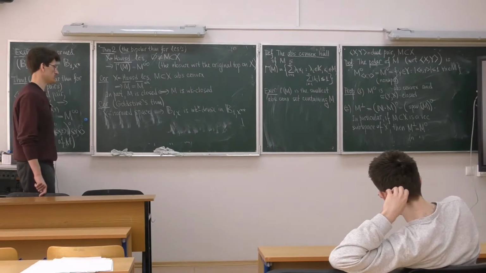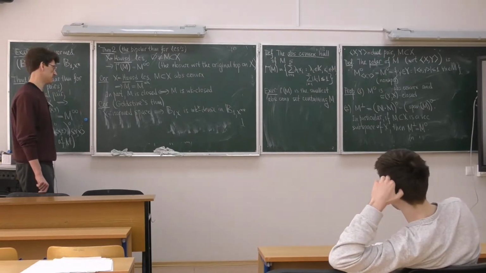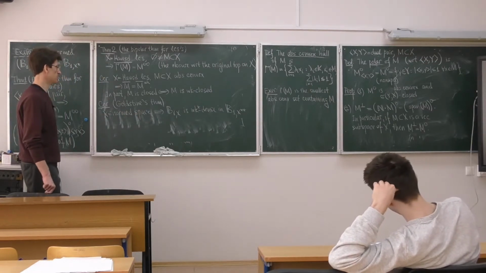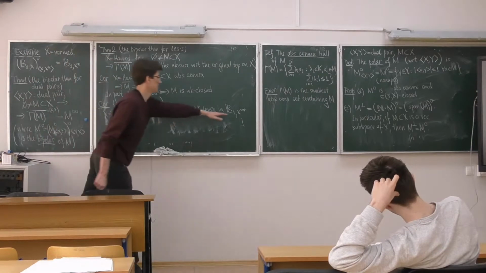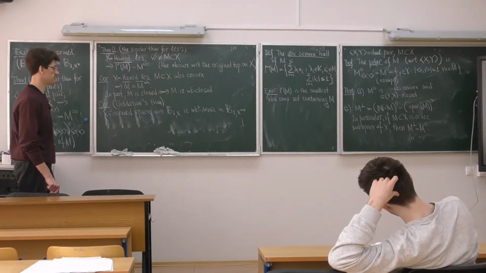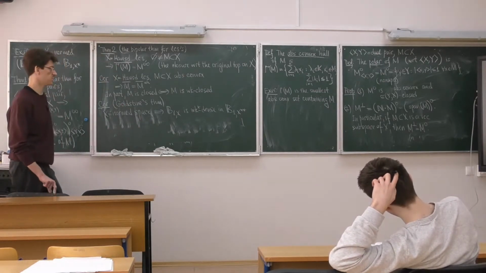To prove this corollary, we simply apply the bipolar theorem to the canonical image of the unit ball in the bidual. So its bipolar will be the closed unit ball of the bidual, and so it follows that the ball itself is weakly star dense in the ball of the bidual.